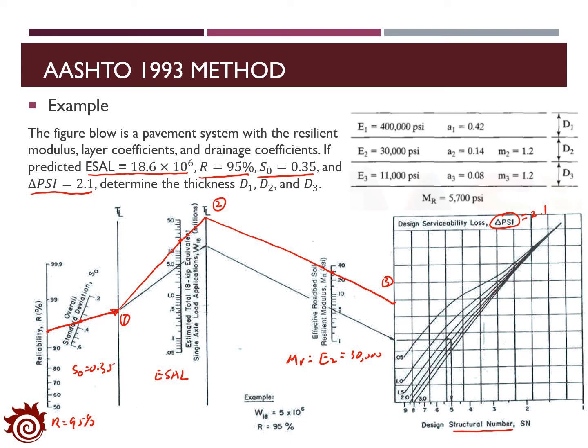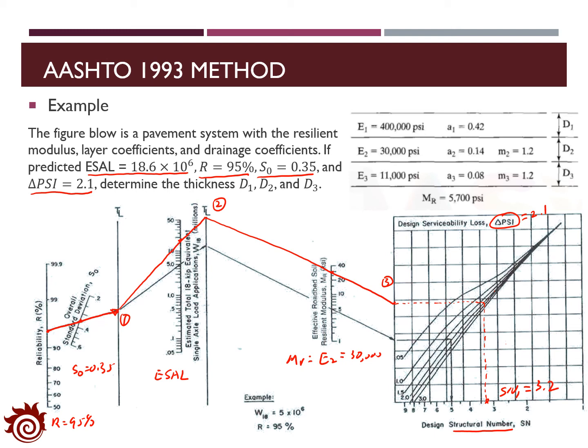So we can try to find out the point and identify the structural number. In this case, we have structural number SN1 equal to 3.2. So that's the way for us to find out SN1.